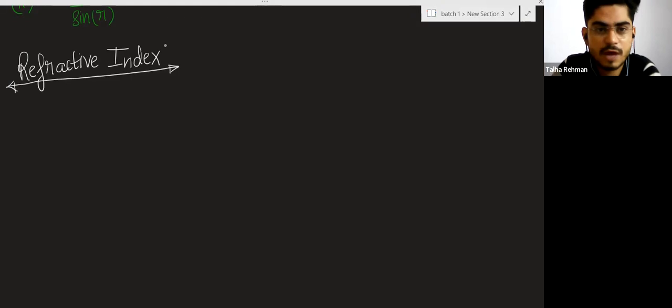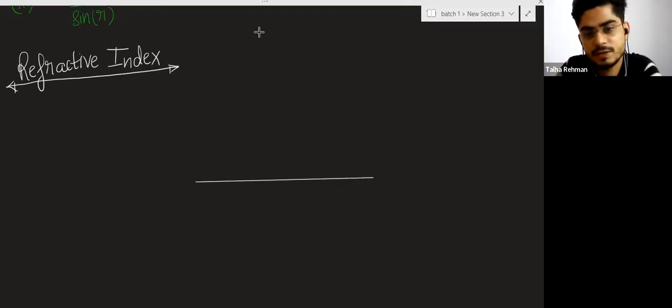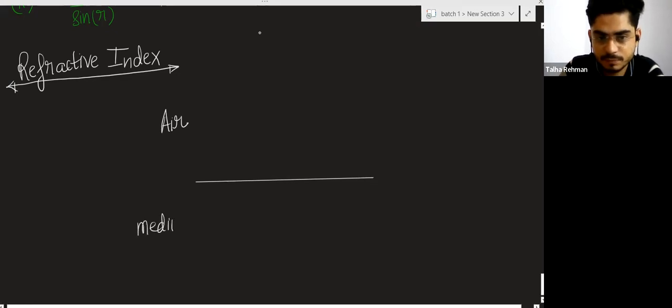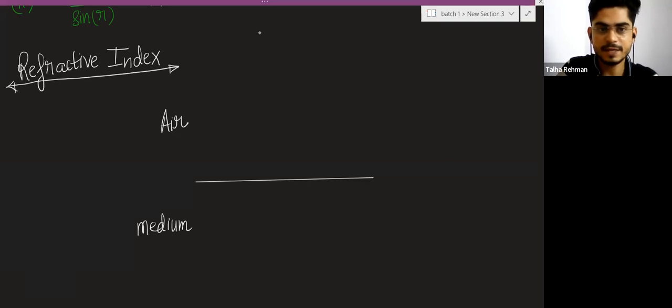I will define it like this: I am taking here the medium air, here is another medium, here is some medium, and here is air, and light rays are traveling like this.